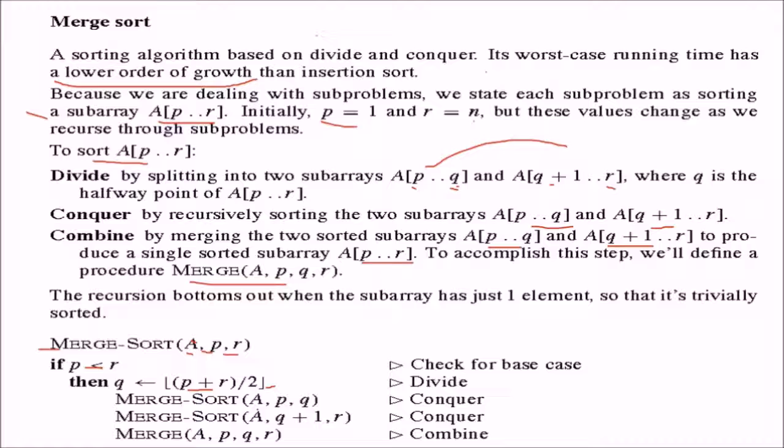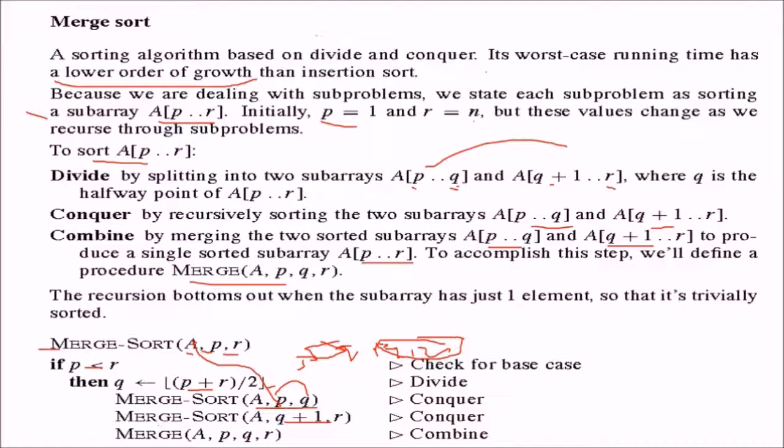Then we call merge sort on the first part, p to q, and then q plus 1 to r. So p, in between we have q, then we have q plus 1, and then we have r. So p to q is the first partition or division, and then q plus 1 to r is the second partition, and we merge them.